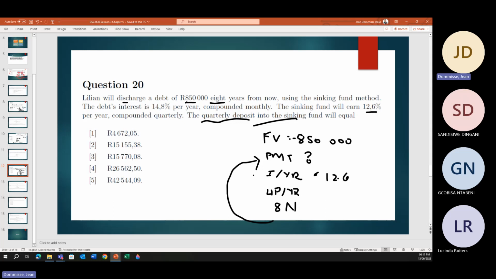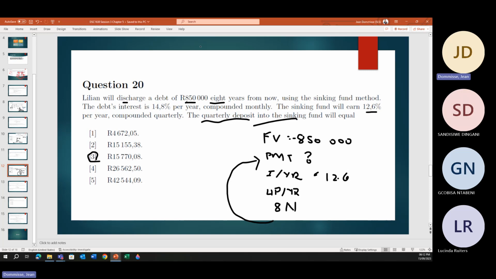So I know that there's actually 32 payment periods happening. And then if I press the PMT, I get 15770.08. Okay, so in this instance, we needed to work out what your quarterly premiums is, or what will be deposited into the sinking fund.